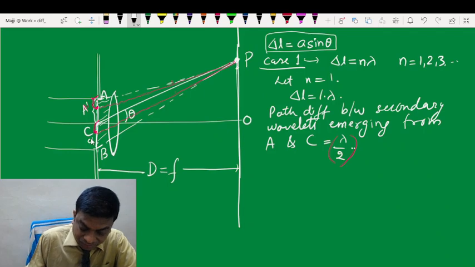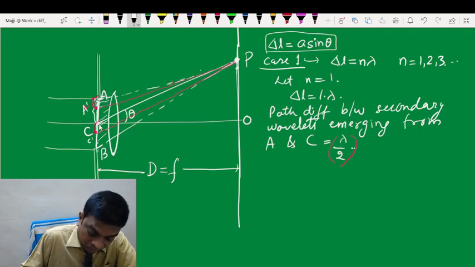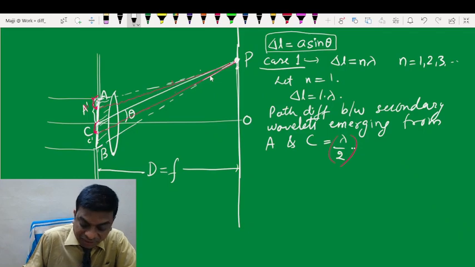In other words, you will see that the overall effect at point P due to the secondary wavelets emerging from the complete portion AC is exactly neutralized or cancelled or nulled by all the secondary wavelets emerging from the lower half of the slit, that is CB. In other words, this has to be a dark point.